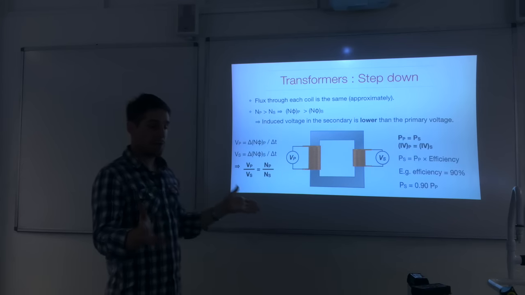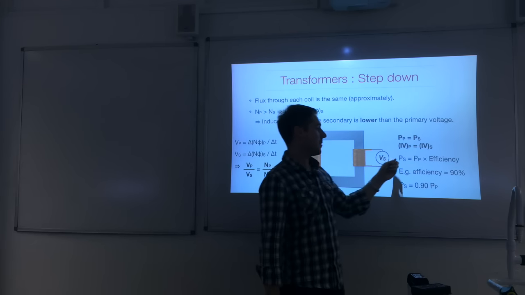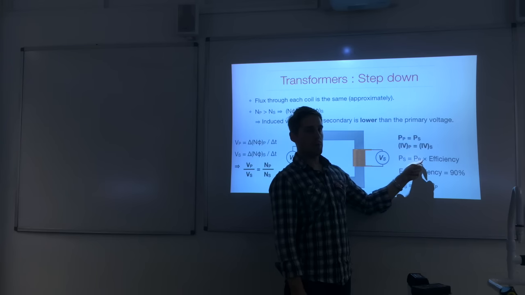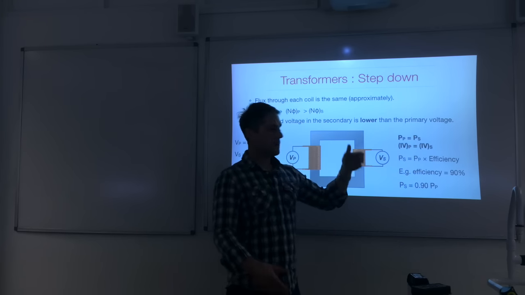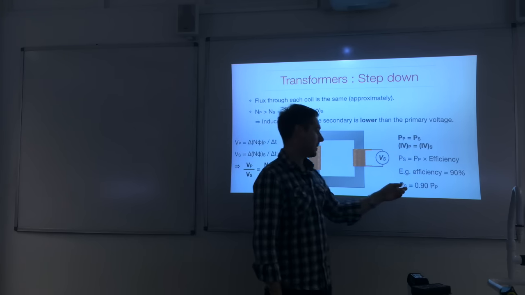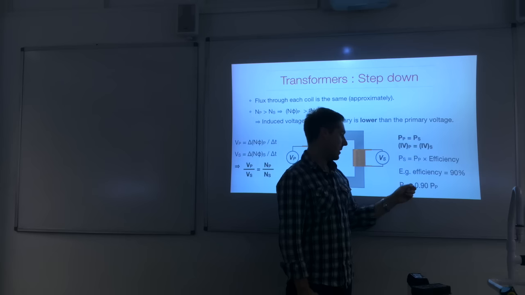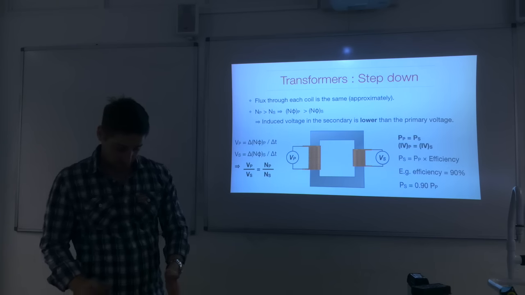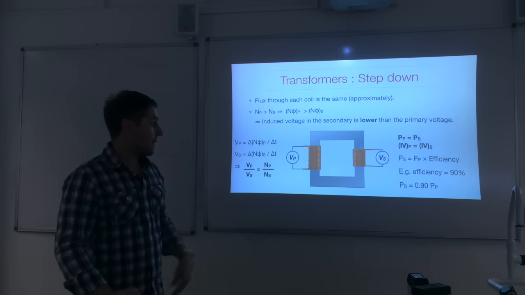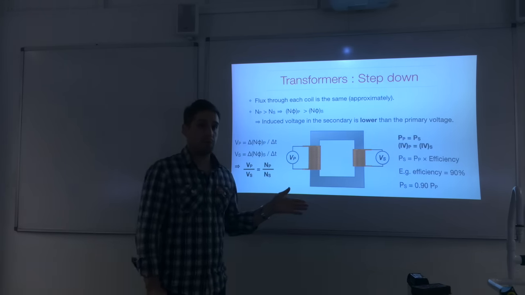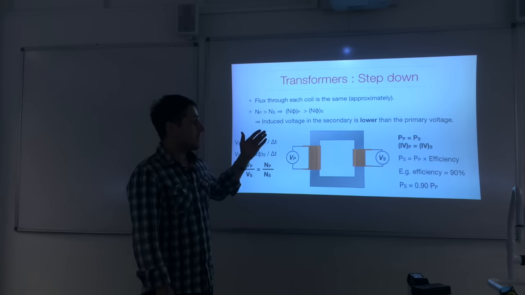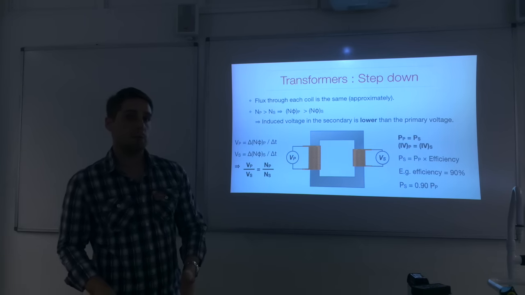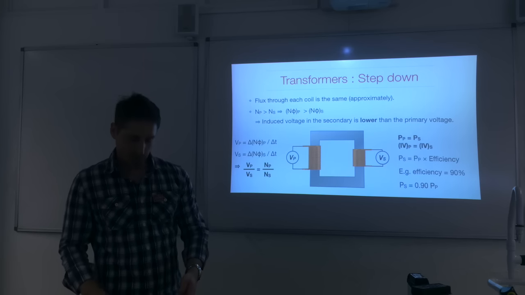But as I said, there are efficiency considerations, so the power in the secondary, the power output, is equal to the input power multiplied by the efficiency. So if you had an efficiency of 90%, then the secondary power is equal to 0.9 times the primary power. I've used 90%, that's pretty realistic for a transformer. They're not 100% efficient, but they are very efficient components. They're probably the most efficient component in a power station, for example.